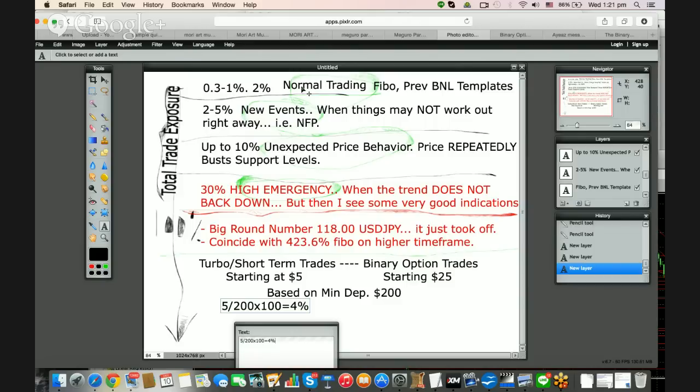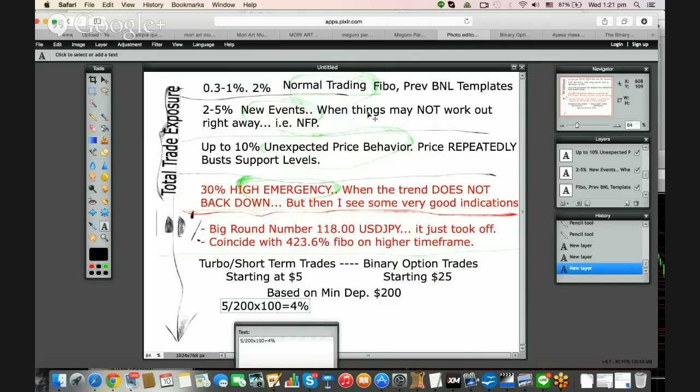So once again, I do 0.3 to 1% per trade on normal trading situations. Let's say if you just aim for 1% or 0.5%, what do you need to do for 0.5%? Basically you take the smallest trade, being 5, divide 5 by 0.5 times 100, and that's going to give you 1,000.